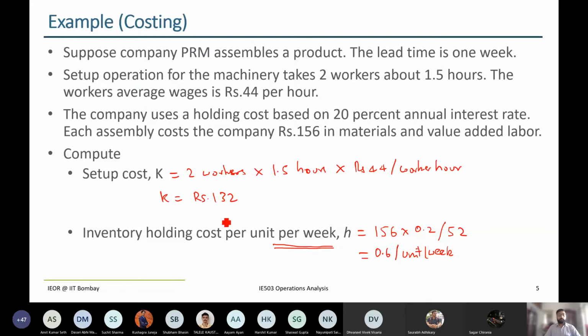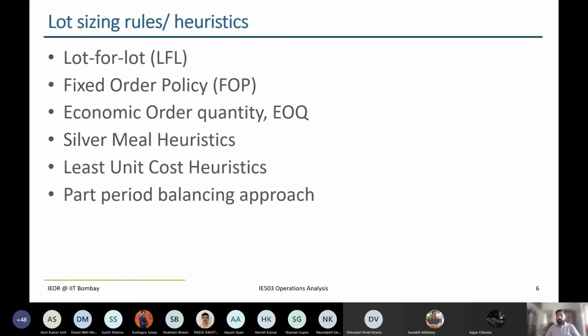For most of today's lecture, it is a running example, so we'll assume the same values of K and H in all our lot size calculations. So K is 132 and H will be 0.6. The different lot sizing rules or heuristics that we're going to take a look at in today's lecture will be lot for lot, fixed order policy, EOQs, and other heuristics.